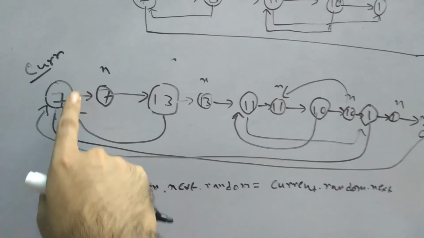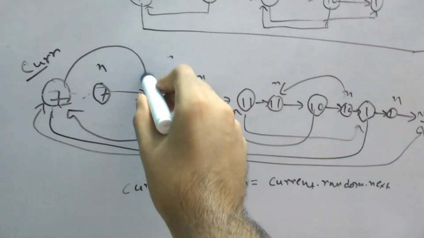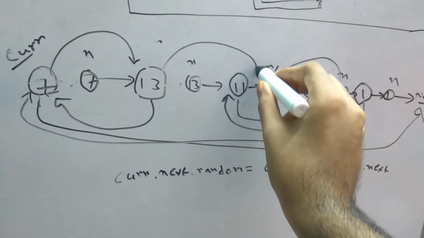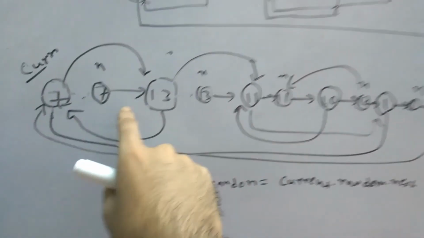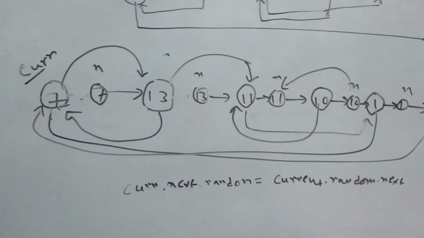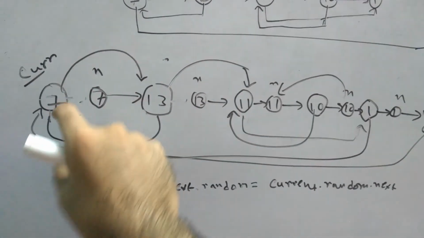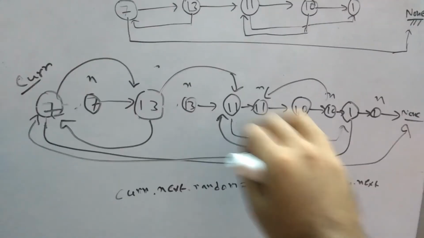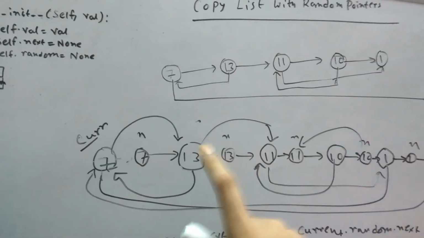We have to break these connections and do this for every node. By this we are restoring the previous linked list, and we are also generating this new linked list, which looks like this: 7, then 13, then 11, then 10, then 1. So this is how we are going to solve this.